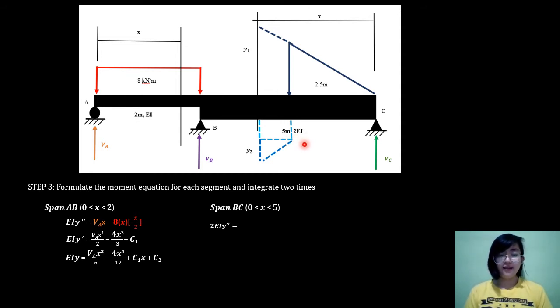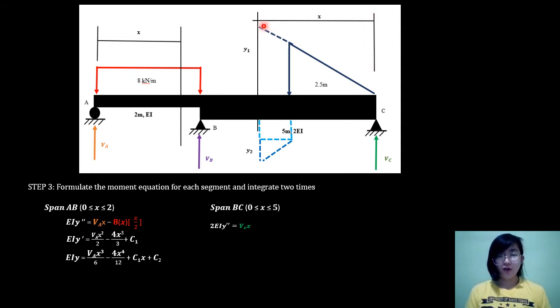We will divide the moment equation dun sa EI natin. But first, let's get the moment equation before we divide it by 2. Next, we have VC here na counterclockwise, so it's positive. So, VCx, VC times yung distance.